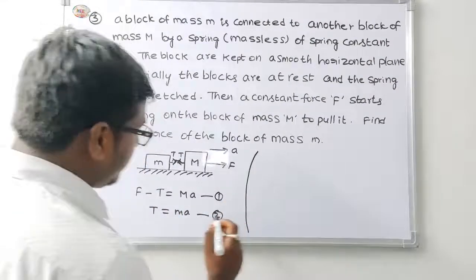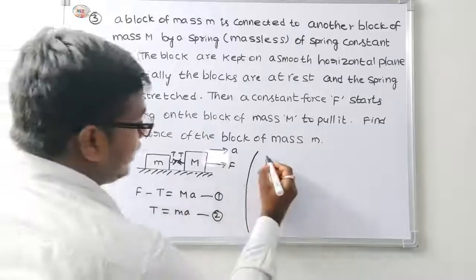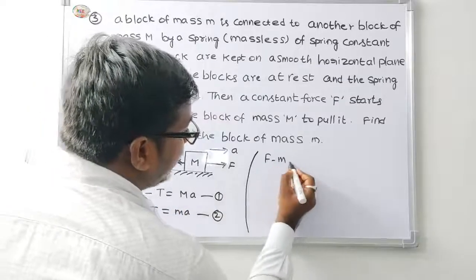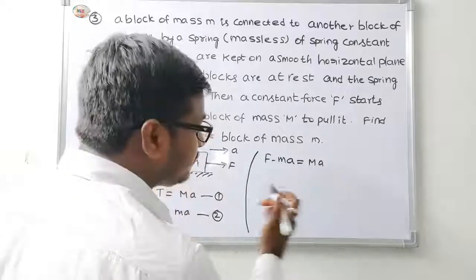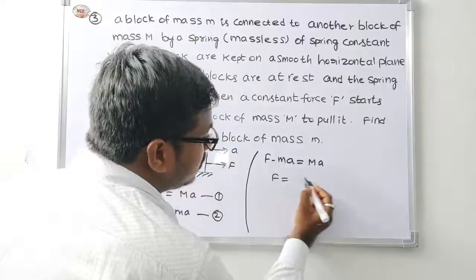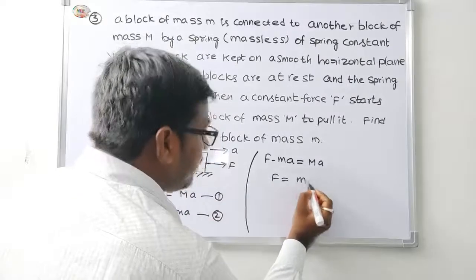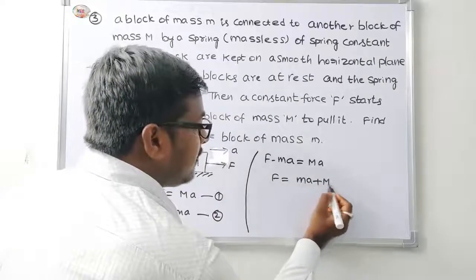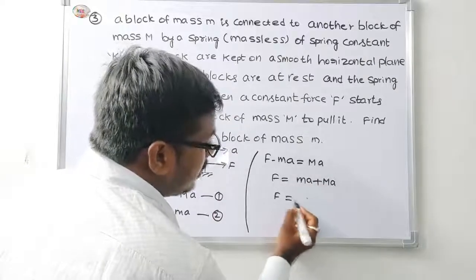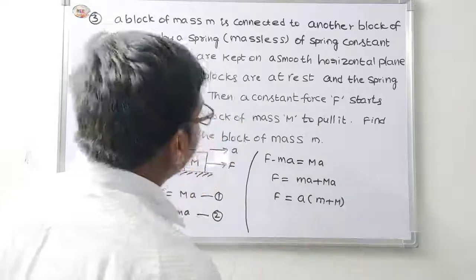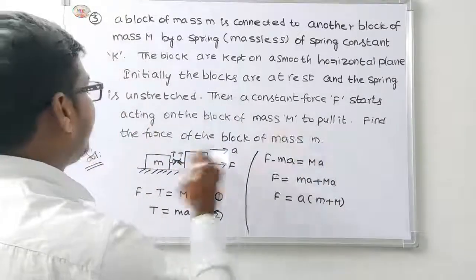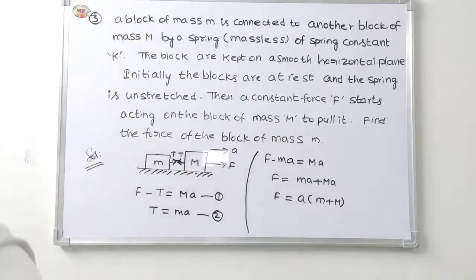Equation 2 substituted in equation 1: F minus ma is equal to capital M into a. Then F is equal to Ma plus ma, so F is equal to a into (M plus m). Find the force on the block of mass m.